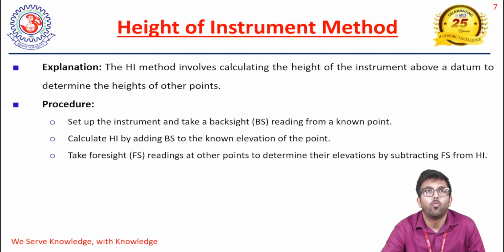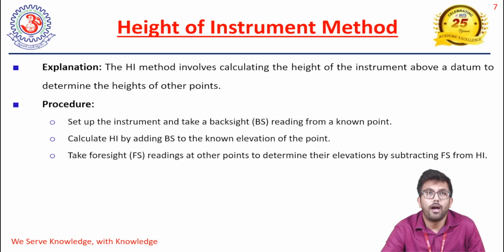The second step is to calculate the height of instrument by adding the backside to the known elevation of the point. The known elevation will be the datum or the benchmark that we have transferred to the site, with respect to which the other points will be taken. So height of instrument will be backside plus RL.